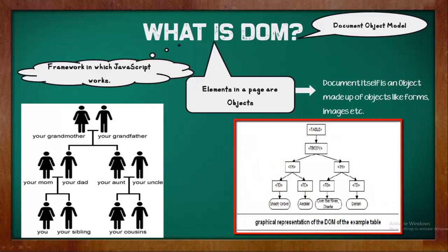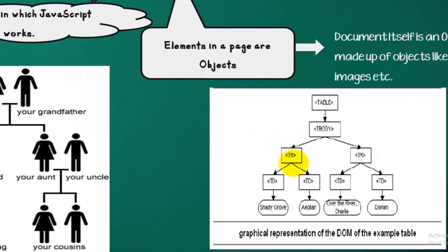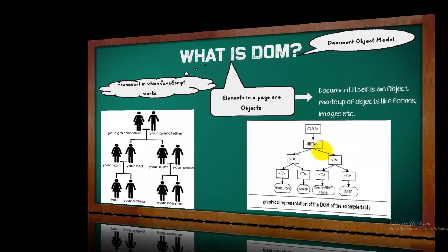It sees it in this particular hierarchical tree structure. So that is the reason it treats each and everything as an object. Here TR is an object, TD is an object, and the text, whatever you have written here, that is an object. The table tag, body, everything is an object here. It doesn't mean that only one particular thing is an object. Whatever you type is considered as an object in DOM. I hope you understood that.